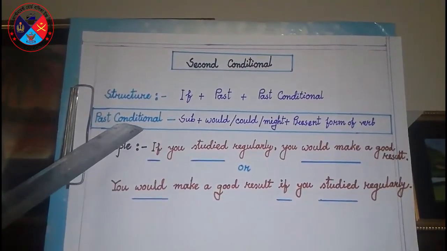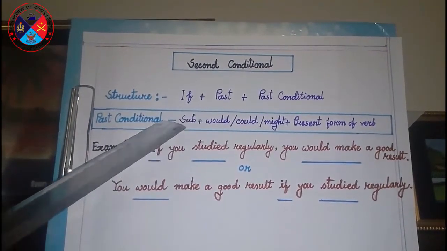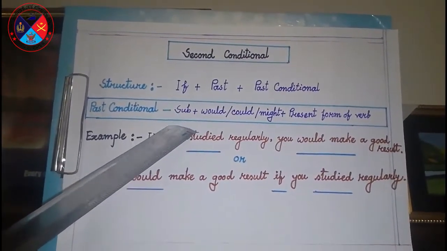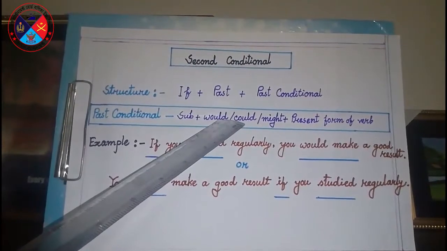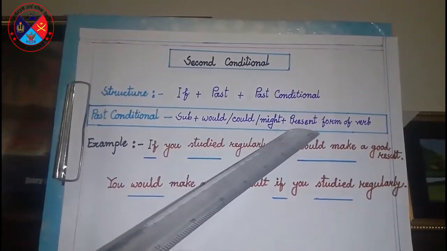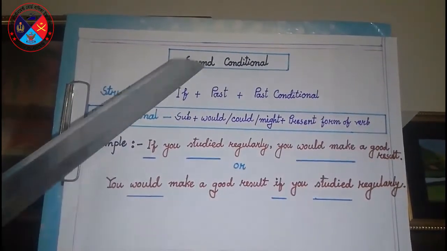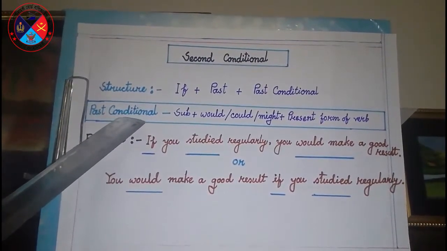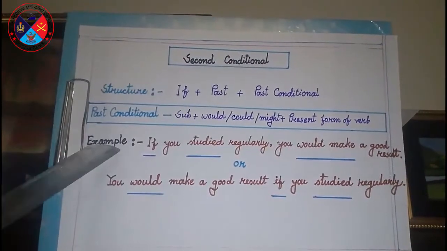The structure of past conditional is subject plus would or could or might plus present form of verb. I think you can understand the structure of past conditional. Now see the example.